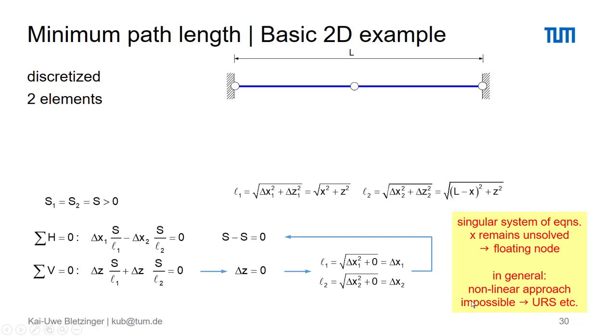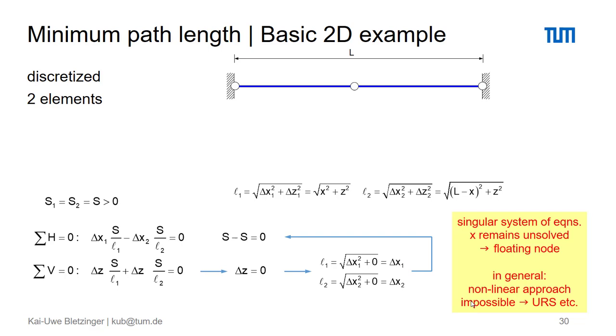And that exactly is the case for many minimal path problems, that the nodes are floating or like to float on the surface. And for cable nets it's even more problematic because we have three equations in space.